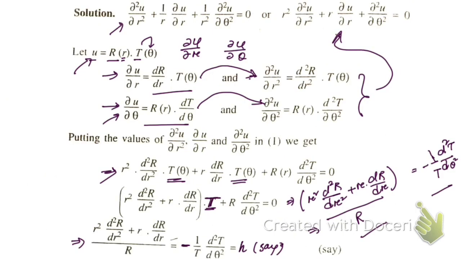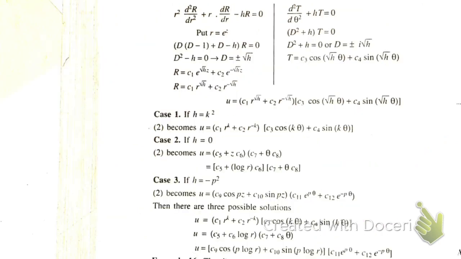Here you see, we have taken this part as equal to h, right? So what is that? We have taken r square second order derivative of capital R with respect to small r plus small r dR by dr, divided by capital R is equal to h.